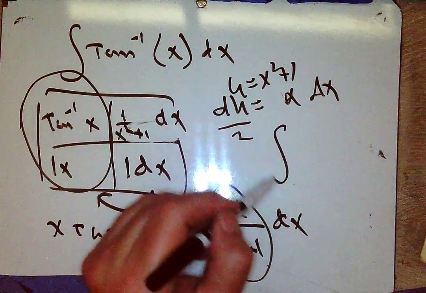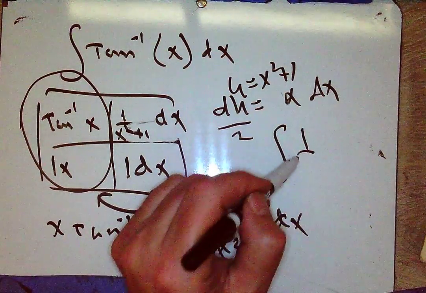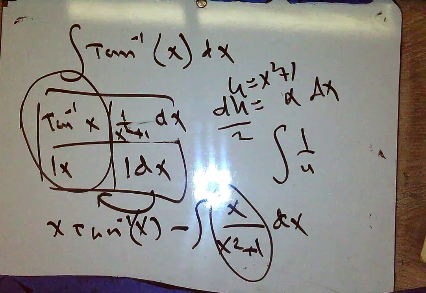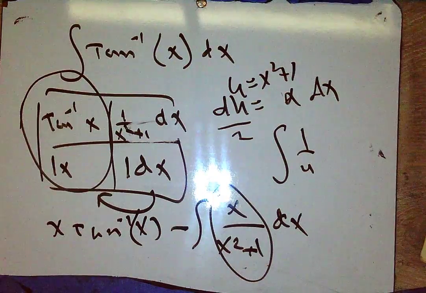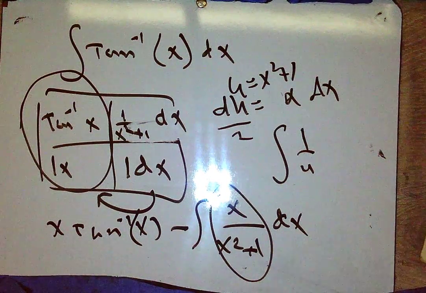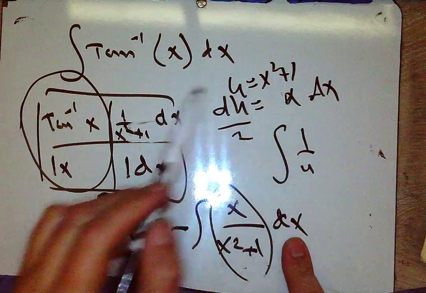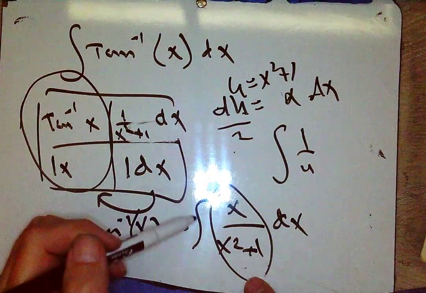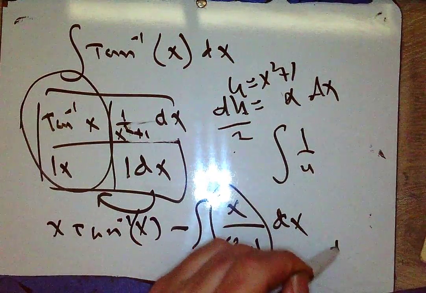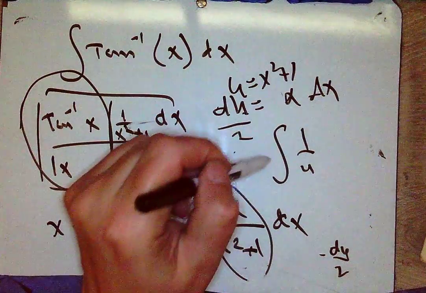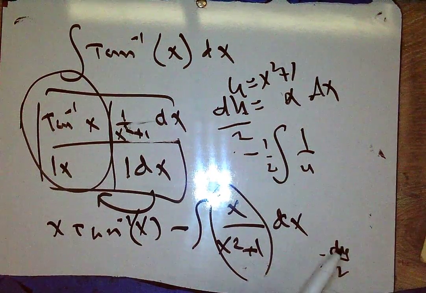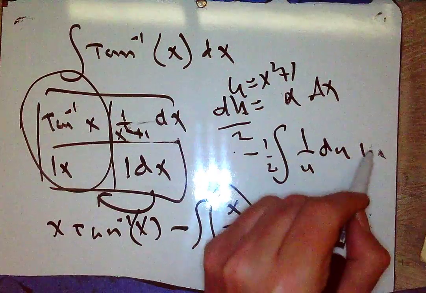Okay, so this integral can then be rewritten as 1 over u, and I'm replacing x dx with du over 2. So we've got minus du over 2. Oh, that's a start. du.